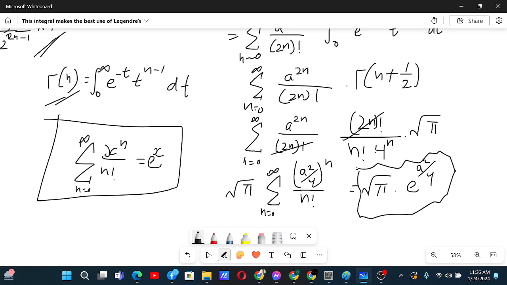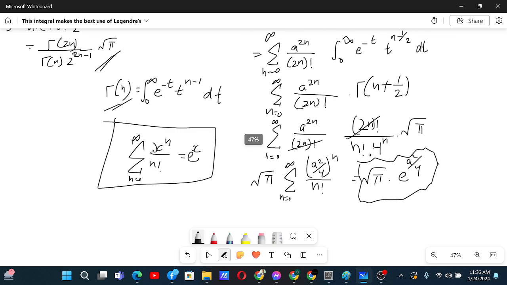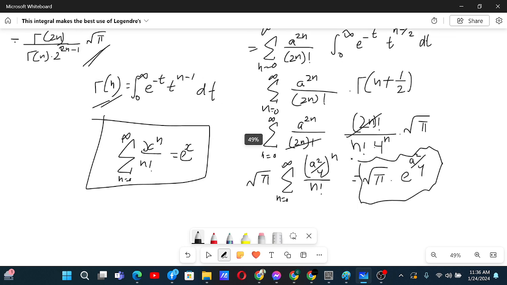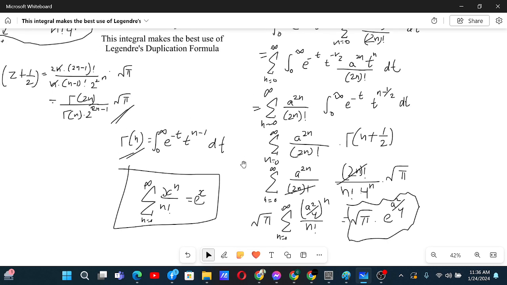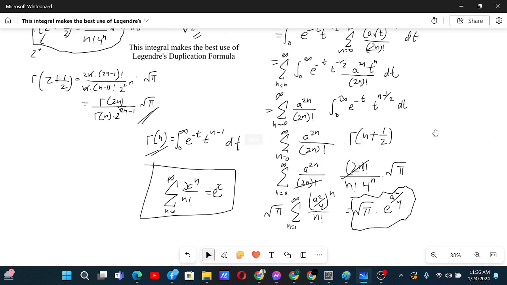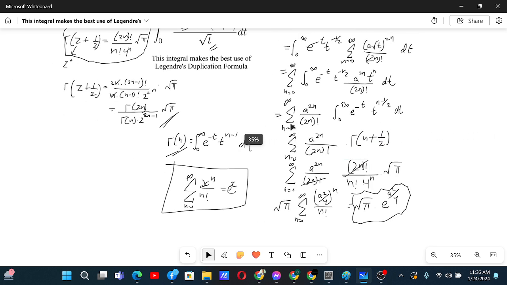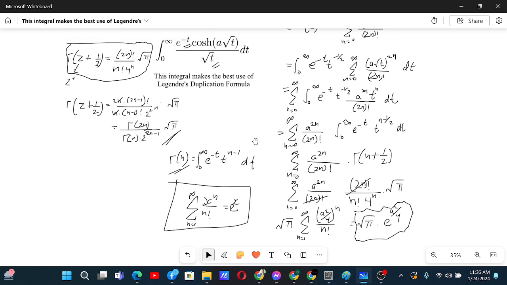So this integral was not that hard, just using the expansion, interchanging the sum and the integral, and using the duplication formula. Or you could have derived the formula yourself as well. And in this way we solve the problem.